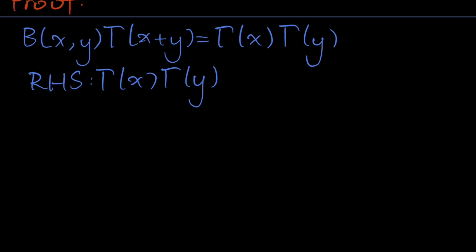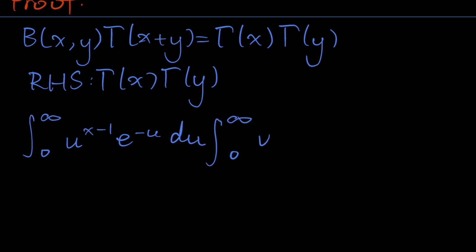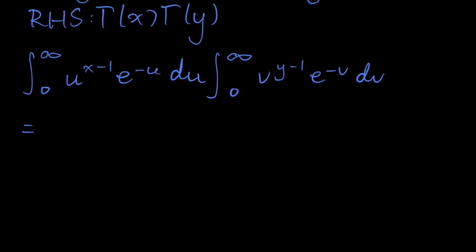Well, by definition, gamma of x is the integral from 0 to infinity of u^(x-1) e^(-u) du, times the integral from 0 to infinity of v^(y-1) e^(-v) dv. Now, because the variables in these integrals are separate, so they don't interfere with each other, we can combine these two separate integrals into an iterated integral.